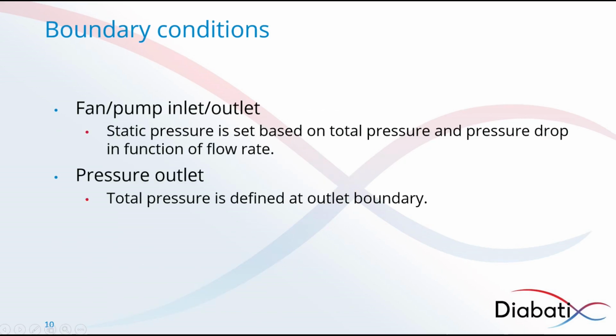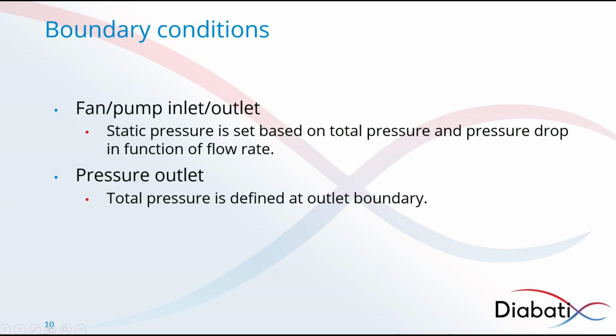In a fan or a pump inlet, the static pressure is set based on the total pressure, which is specified, and the pressure drop, which is also specified as a function of the volumetric flow rate across the patch. The pressure drop in function of flow rate is called the fan or the pump curve and is specified in the libraries.